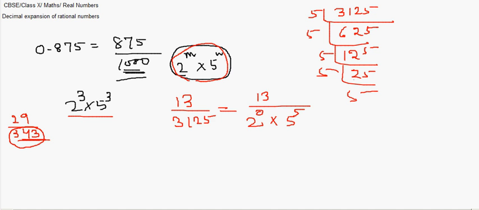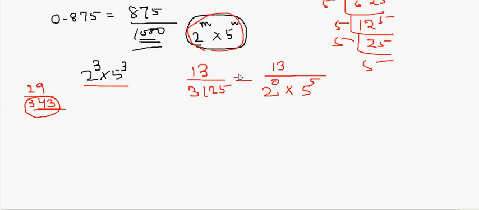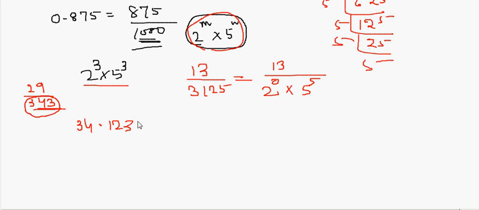Now look at this question. I am just reading the question out and then writing the numbers. 34.12345. It says, what can you say about the prime factorization of the denominator of the following rationals?